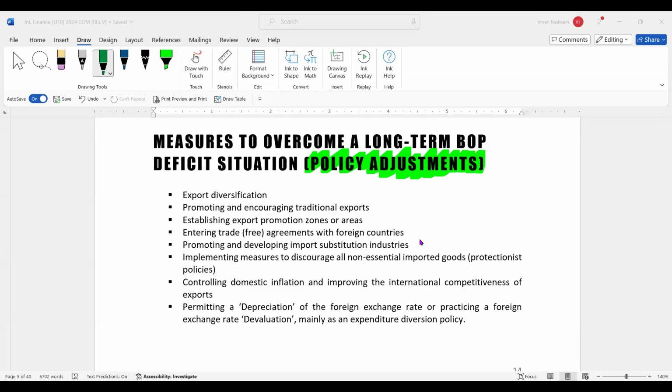We are not saying to ignore our spices, the kind of recognition we have in the world. We are saying while protecting them, while developing them, go into new areas. So both I have given: export diversification, that is the new areas, and this is to make sure that traditional things are protected as well.